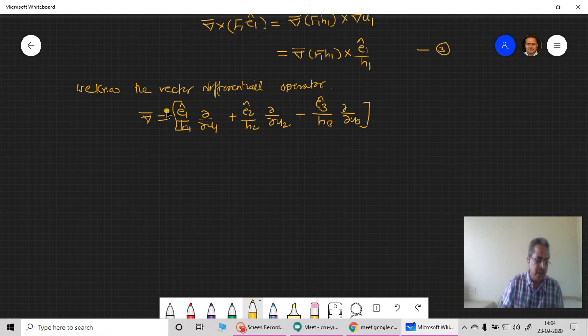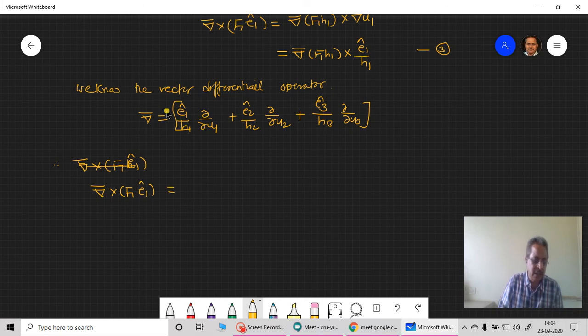Therefore, this del bar cross F1 multiplied by E1 cap, I'll read it once again, del bar cross F1 into E1 cap, can be written as follows.